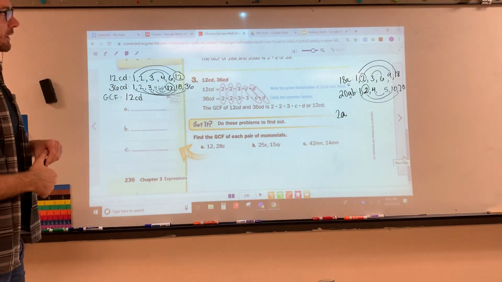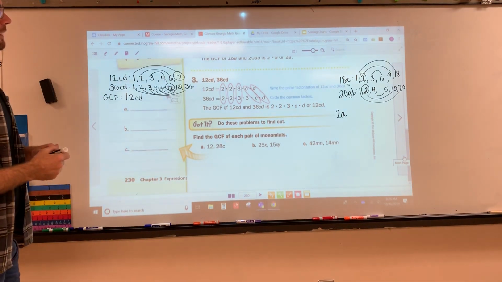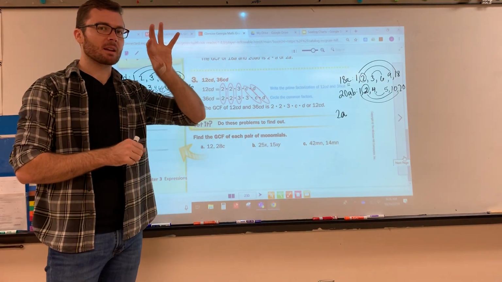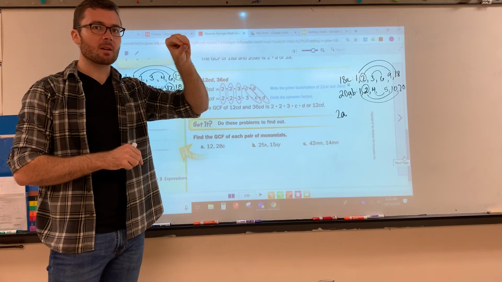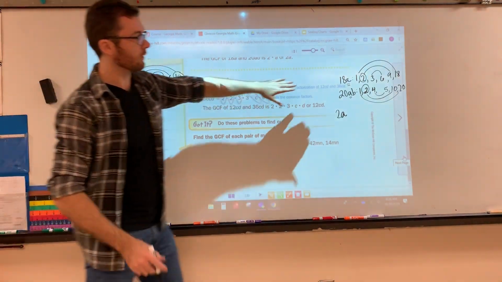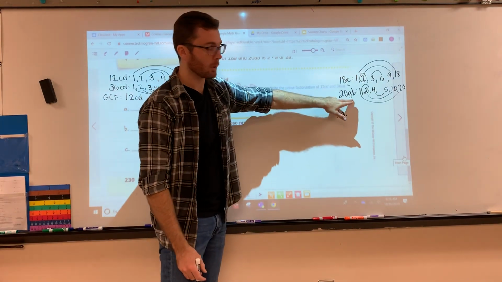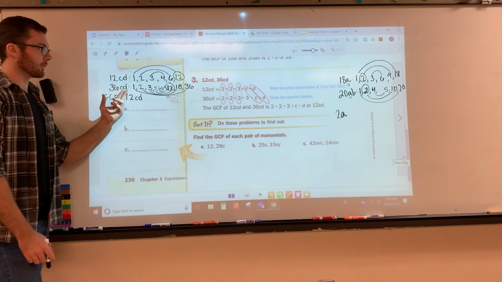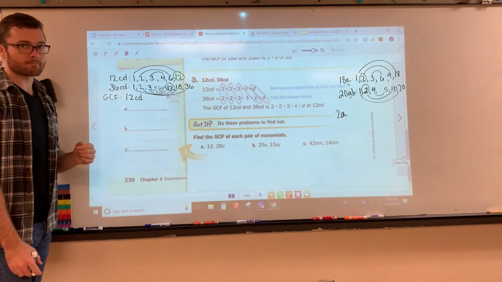Okay, so what we learned is terms or monomials can have variables in common. They can have common factors, which we're very familiar with. They can have one variable in common, but not both, like this problem. And they can have 2 variables in common, as well as a number.